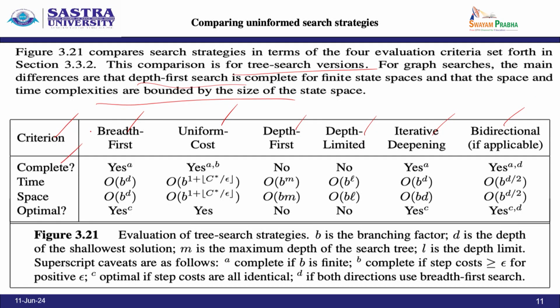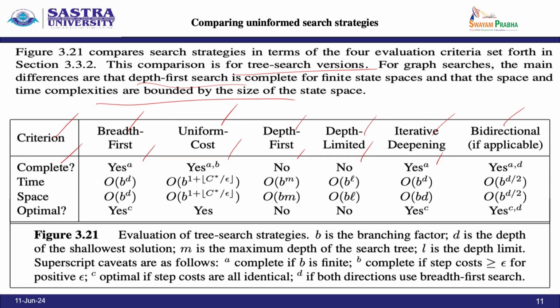For completeness: breadth first is yes; uniform cost is yes, with conditions A and B; depth first is no; depth limited is no; iterative deepening is yes; and bidirectional, if applicable, is also complete, with the same conditions.